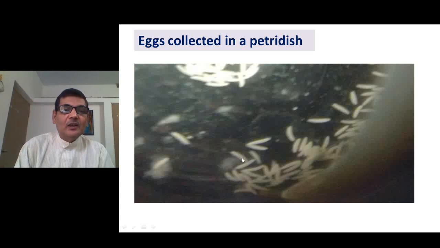In a single area, a bunch of 5 to 10 eggs will be laid, and the female will go on selecting appropriate areas on the fruits, stems, and rarely the roots, where she can deposit eggs. But a single gravid mature female can lay thousands of eggs during her lifetime.